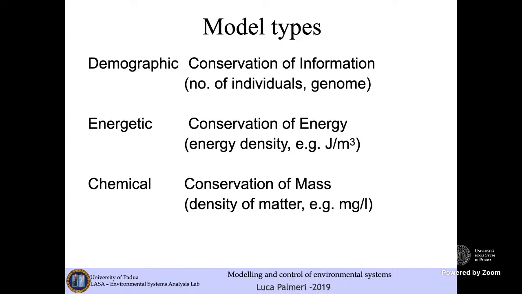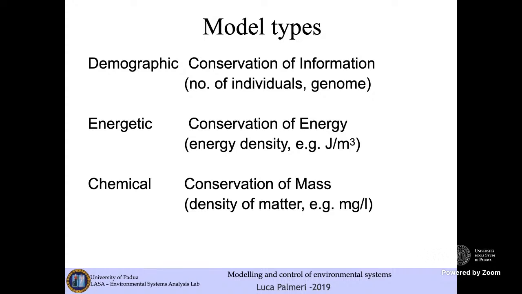And when I'm thinking of conservation of information, I'm thinking of the genetic code, for example, the genetic code contained in the genome. In this case, we assume a kind of conservation of information in terms of number of individuals and informational content carried by these individuals, described by the genome you may find in the elements of your model.